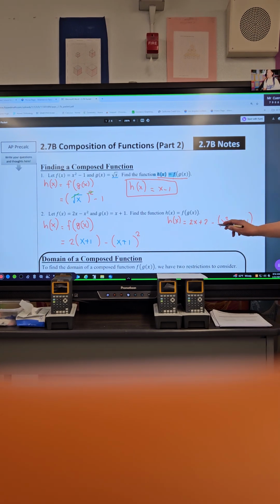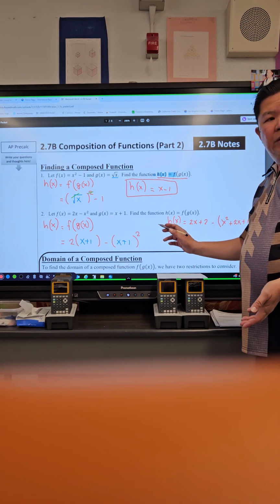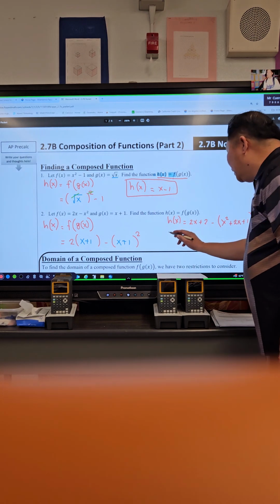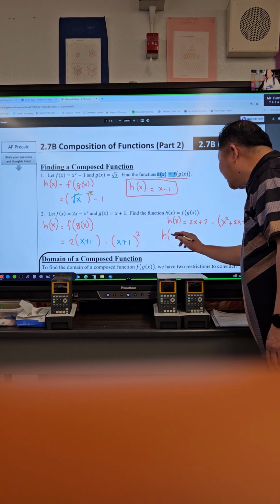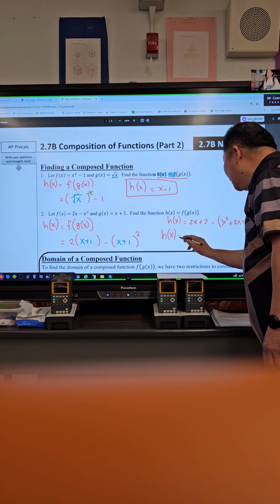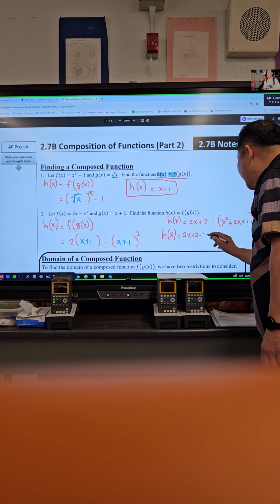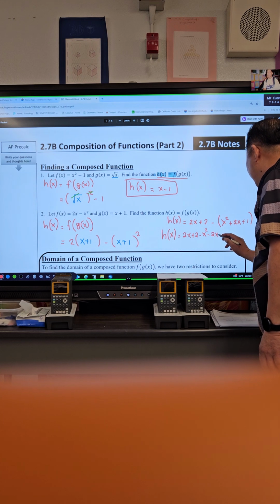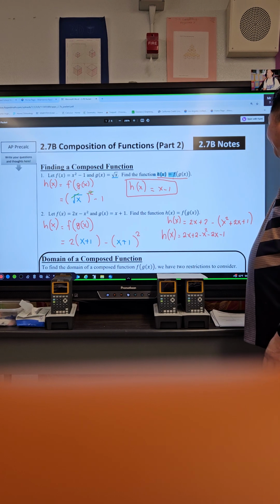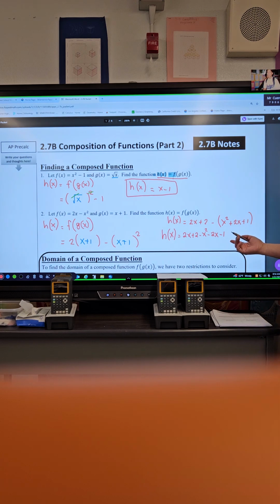And then we still have to simplify this. We're gonna distribute the negative. Careful, because this is the common mistake of the students, distributing this. So we say h of x is equal to 2x plus 2, and then minus x squared minus 2x, and then minus 1. Alright guys?